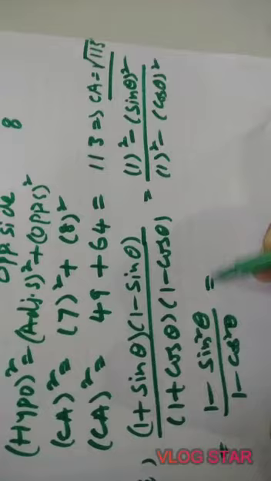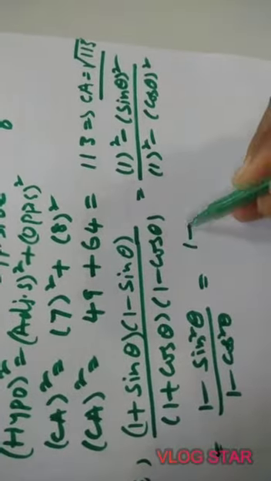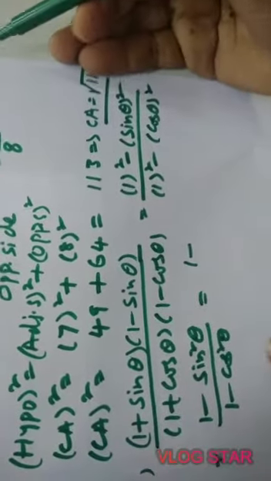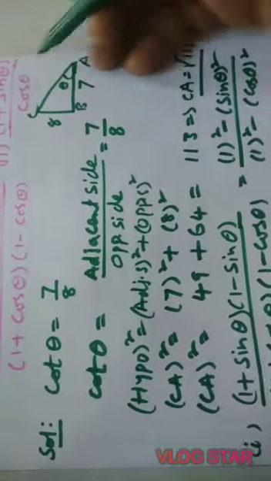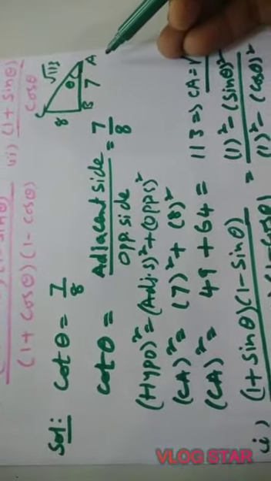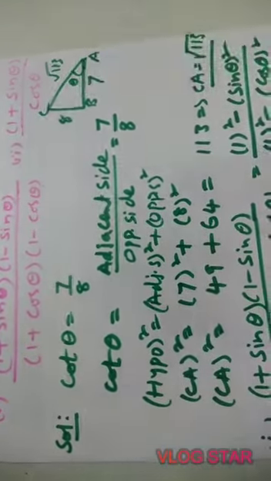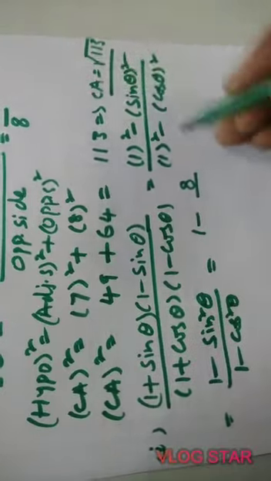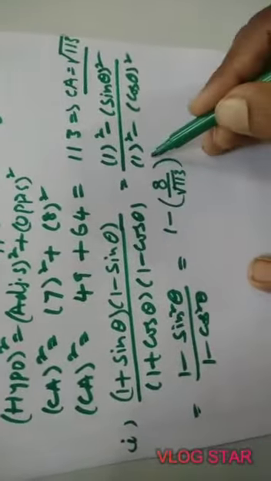Just put the values in the problem. 1 minus sin square theta. Sin theta is, from the triangle, opposite side by hypotenuse. Opposite side is 8 and hypotenuse is root 113, so whole square.